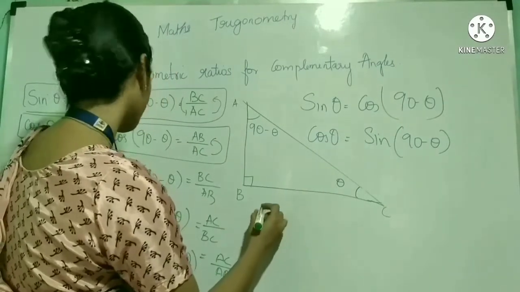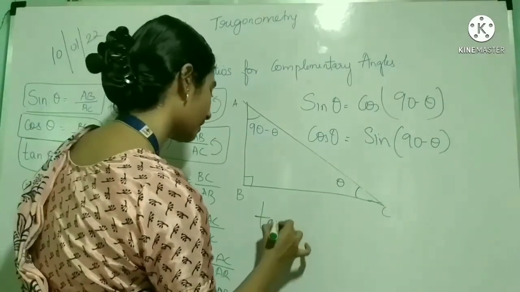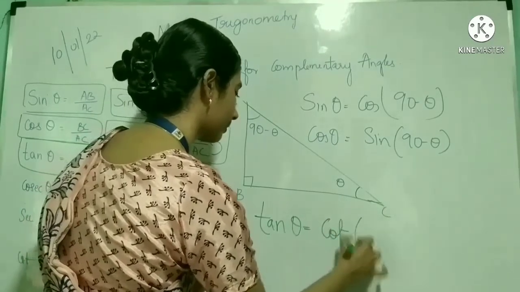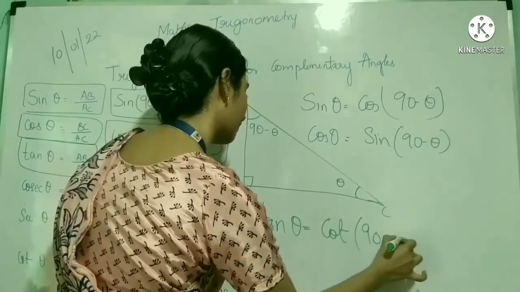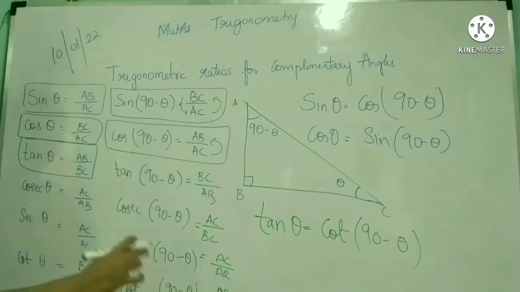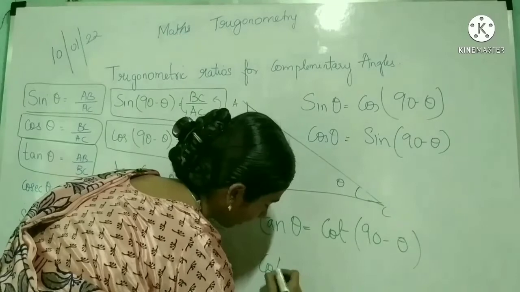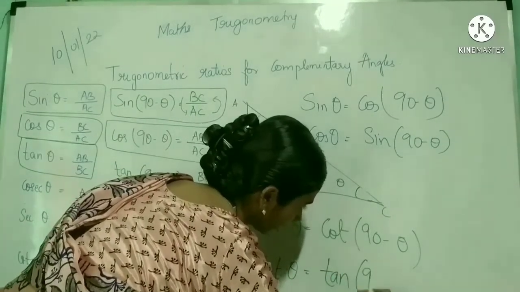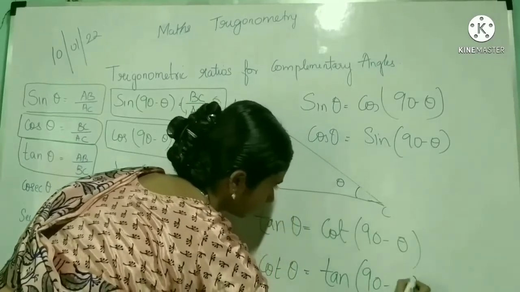AB by BC. Then what can you say? Tan theta is equal to cot 90 minus theta. Similarly, tell about cot theta. Cot theta is equal to tan 90 minus theta.